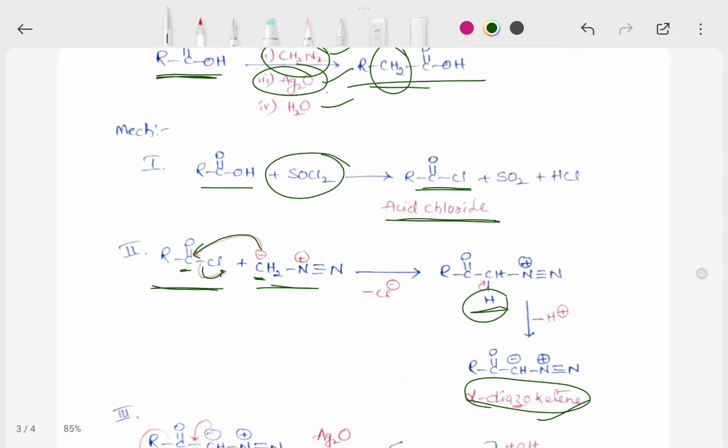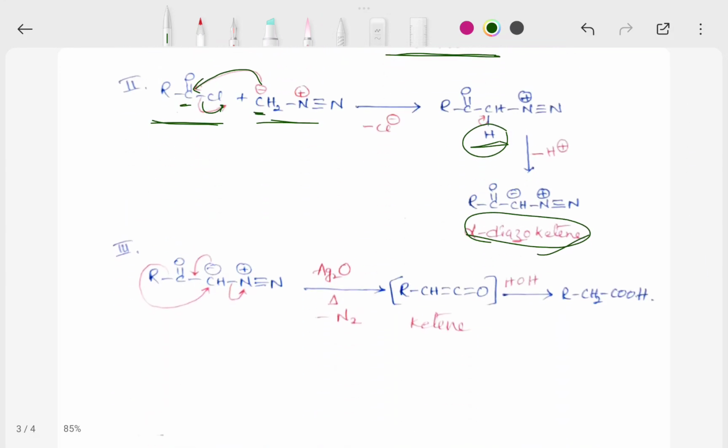This alpha diazoketone on heating with silver oxide rearranges to a ketene. This on hydrolysis gives a carboxylic acid.